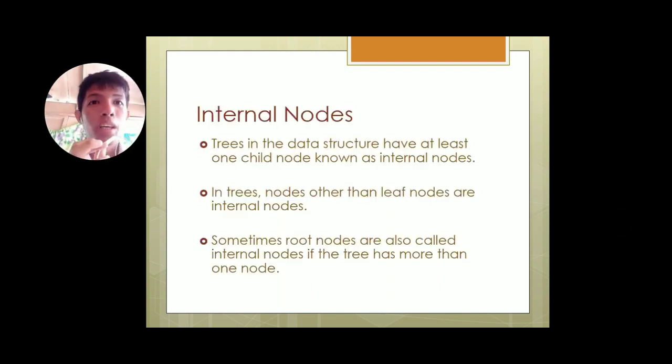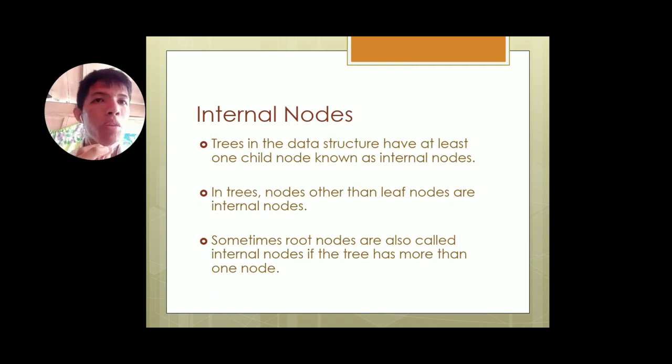Internal nodes. Nodes in a tree data structure that have at least one child node are known as internal nodes. In trees, nodes other than leaf nodes are internal nodes. Sometimes root nodes are also called internal if the tree has more than one node.